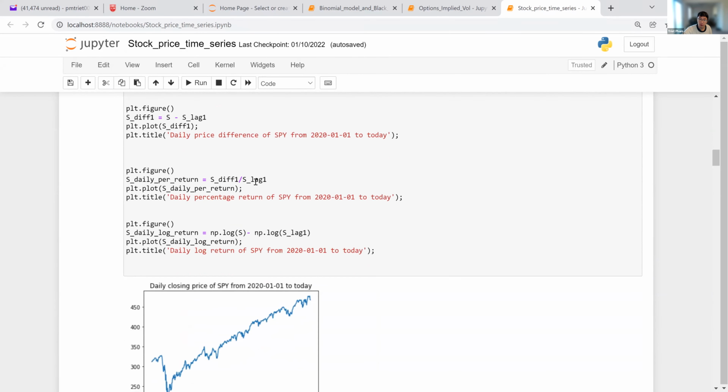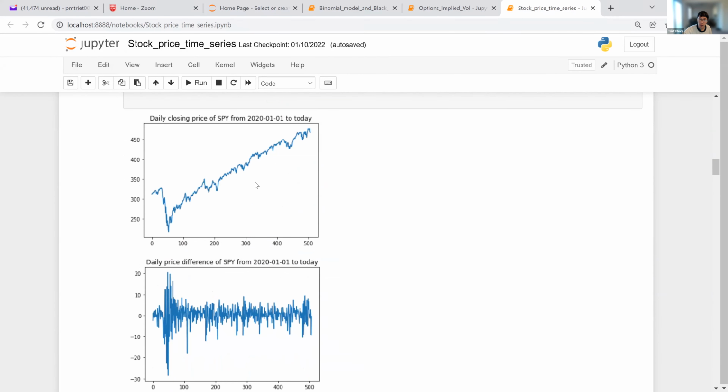Now, here is the picture of things in comparison. The most basic time series technique is to take the difference. In calculus, the equivalent of that is taking the derivative, but here you just take the difference, so you don't divide by the time interval. Notice this is not the return yet.